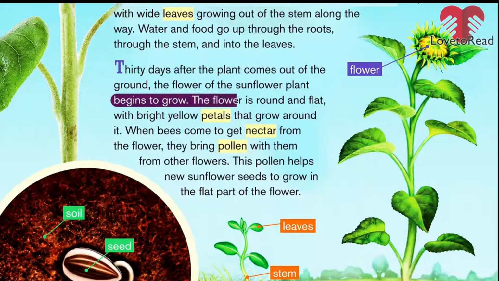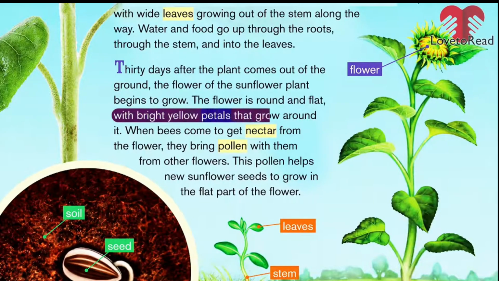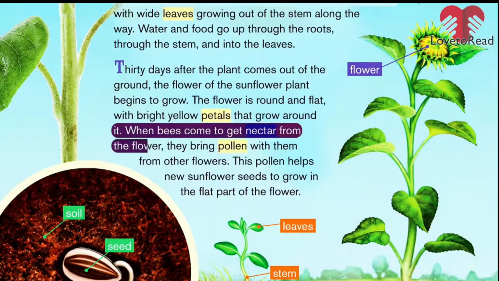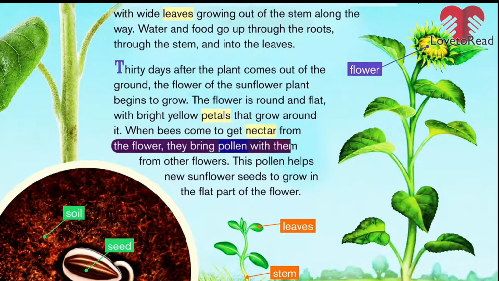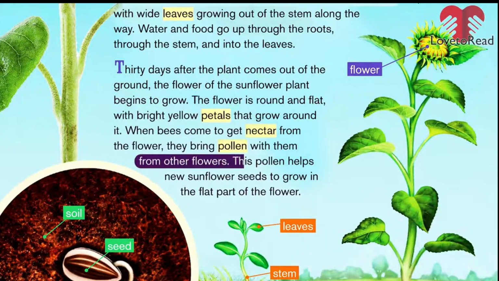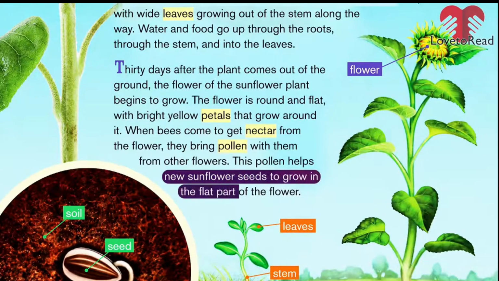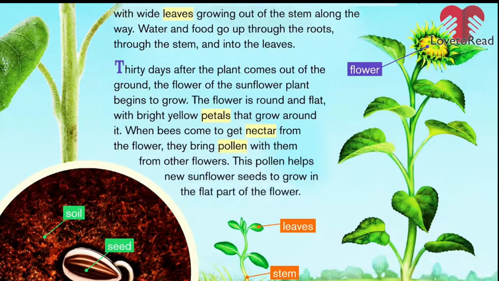The flower is round and flat with bright yellow petals that grow around it. When bees come to get the nectar from the flower, they bring pollen with them from other flowers. This pollen helps new sunflower seeds to grow in the flat part of the plant.